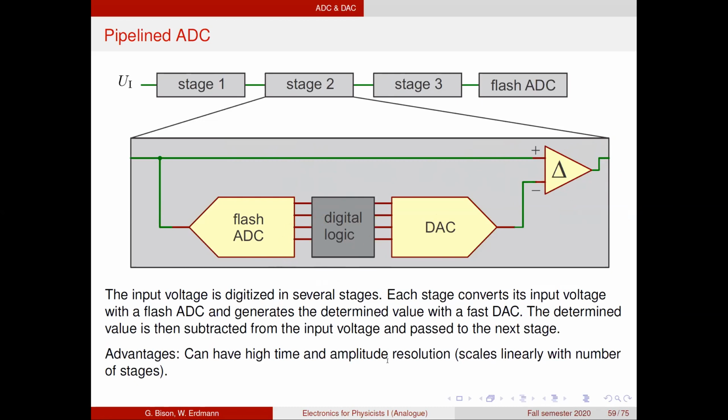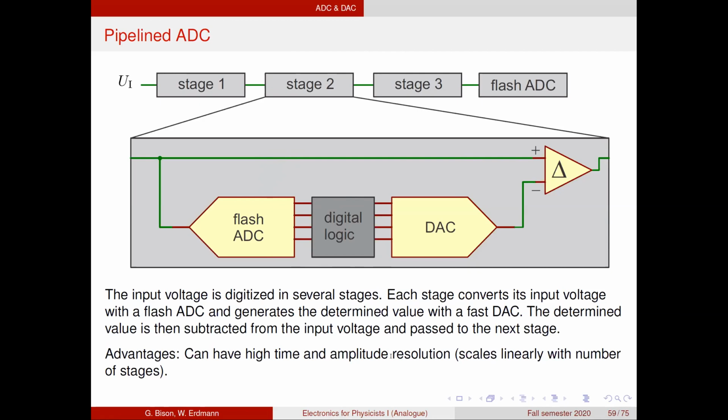In each stage, you first get the rough digitization, a few bits of resolution, and then you subtract this from the signal and amplify it. What's left is the digitization error of the first stage.